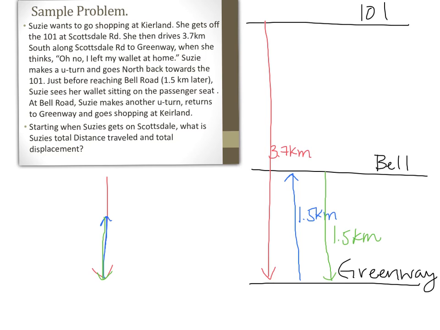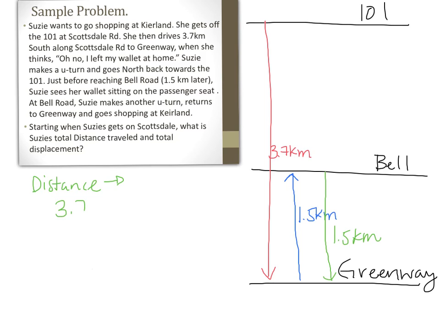I want you to keep in mind we are only dealing with north and south directions here. There was no lateral movement east-west. So let's start thinking about this. Total distance, does direction matter? Hopefully you are saying no. So to find total distance, we just need to add up all of our distances.